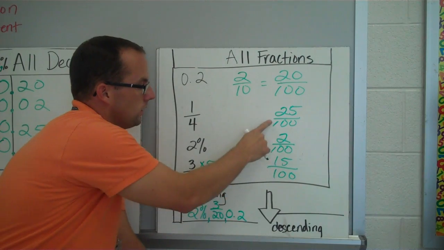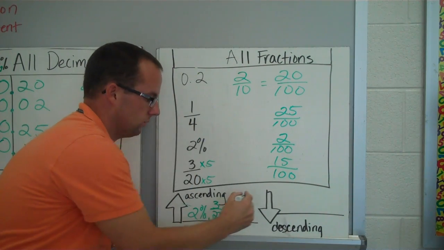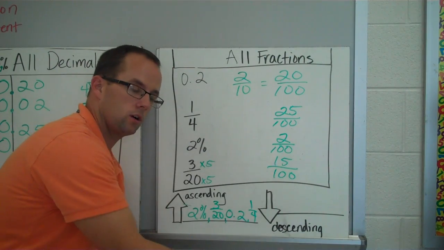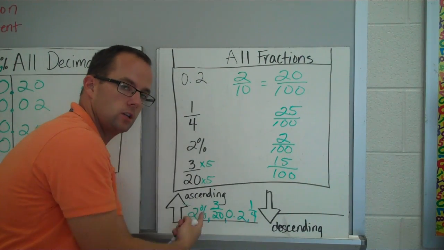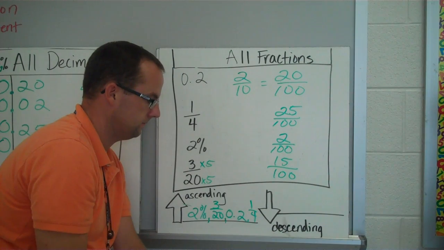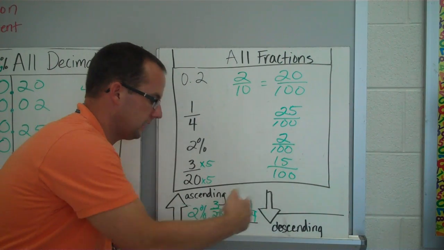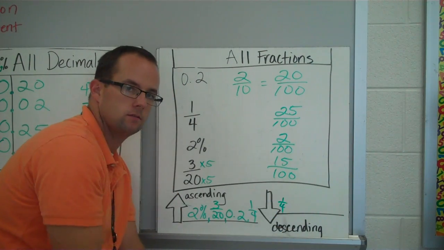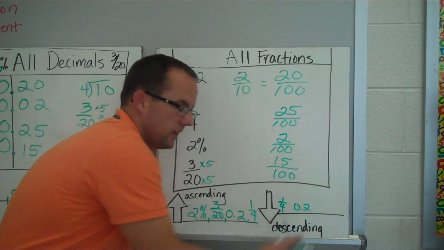And then 25 out of 100, which we said was 1/4. When you list them in order, put them in the form that they were originally given to you as. Descending just means going down. So you're going to start with 1/4 and go down backwards. 0.2, go ahead and finish that one on your own.